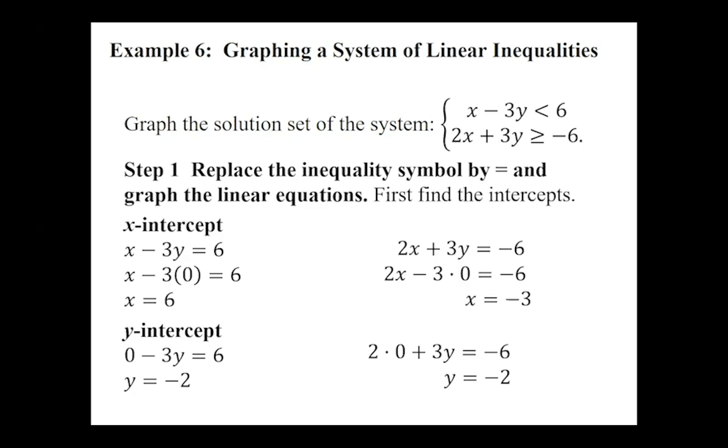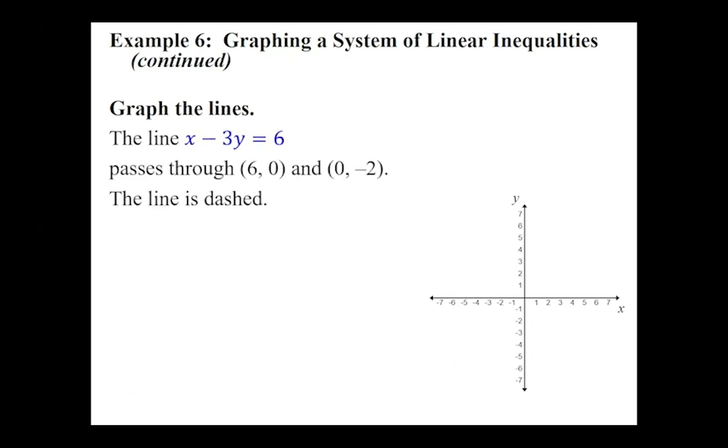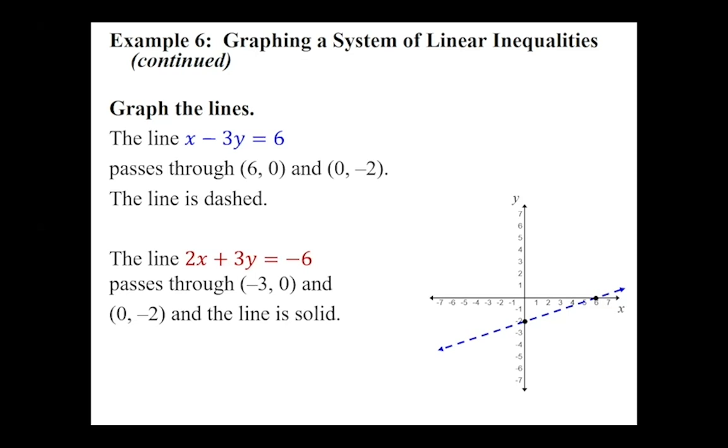So, our dashed line has an x-intercept of 6 and a y-intercept of negative 2. Our solid line has an x-intercept of negative 3 and a y-intercept of negative 2.